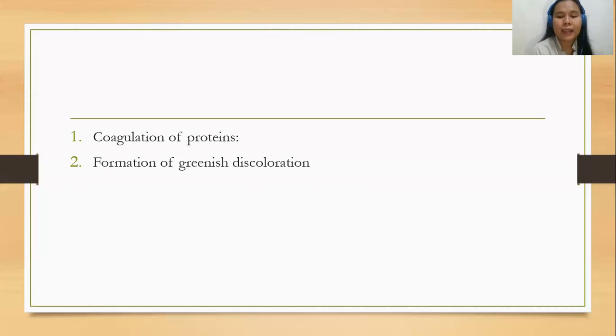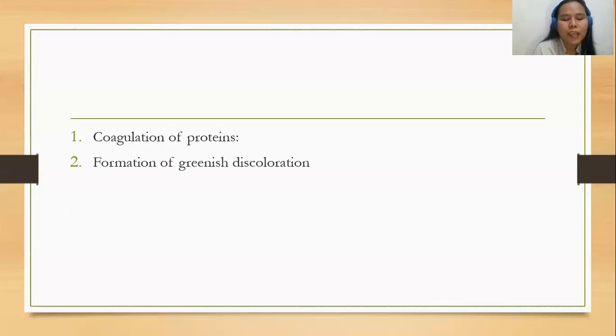This will happen if the egg whites or the albumin reach the temperature of 60 to 65 degrees Celsius, while for the egg yolk, the temperature must be 65 to 70 degrees Celsius. Beyond this temperature, overcoagulation occurs and water is squeezed out, causing shrinkage, resulting in a tough product.